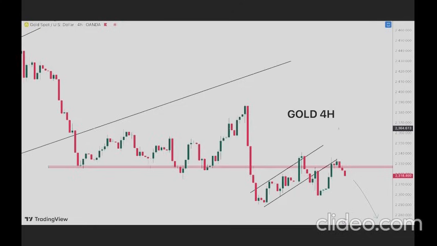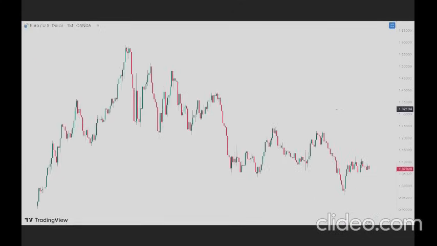Okay, let us proceed. This is USD on the monthly time frame. Let us, guys, do analysis on it.